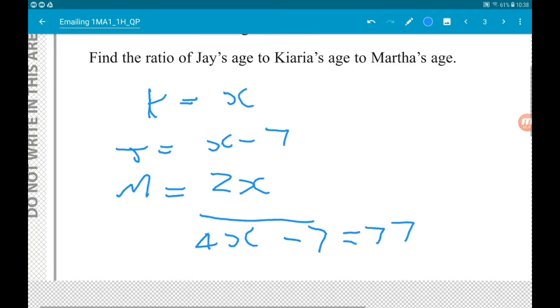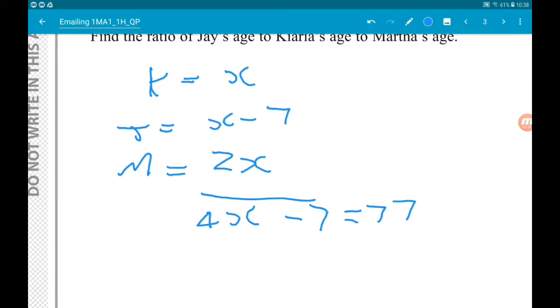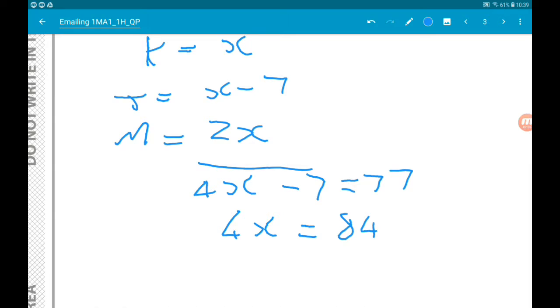So now we want to solve this for x, so add 7. 4x is 84. Divide by 4, x is 21.